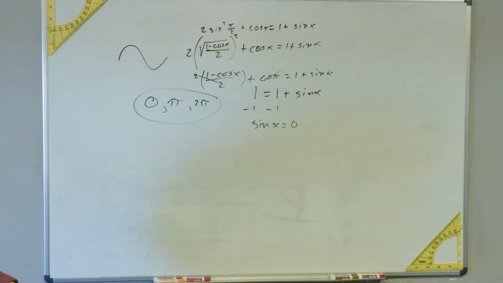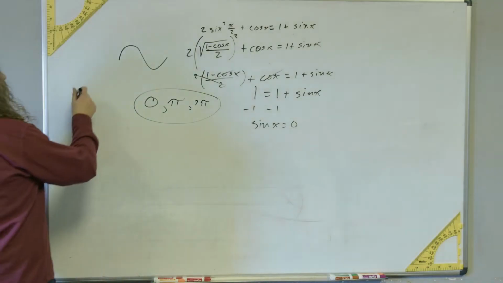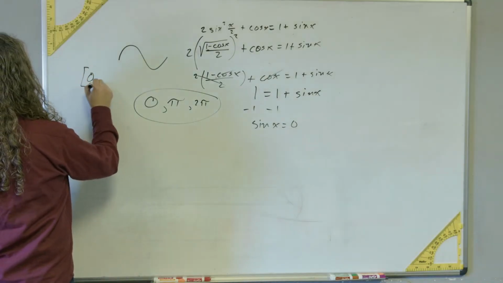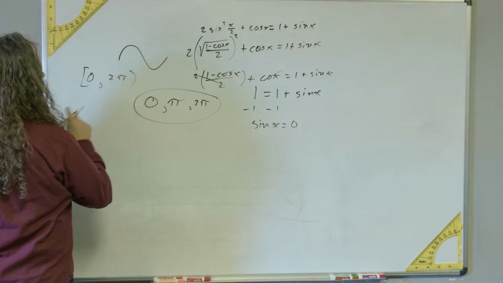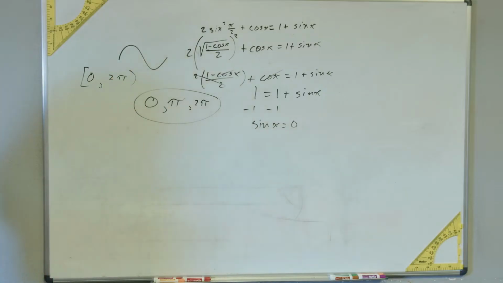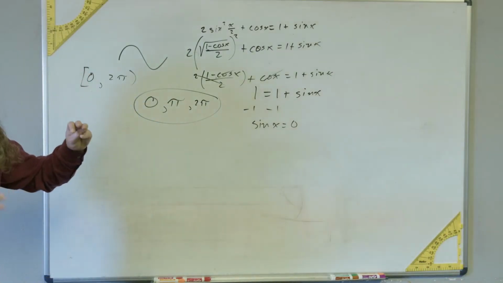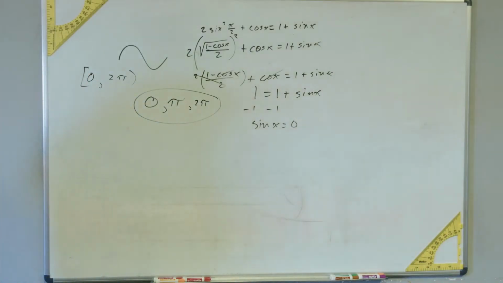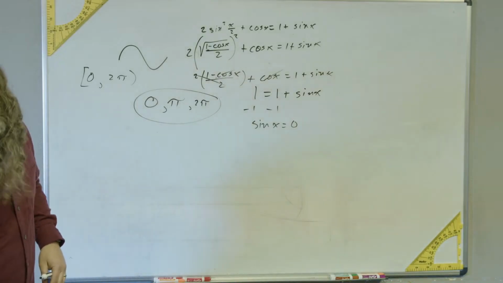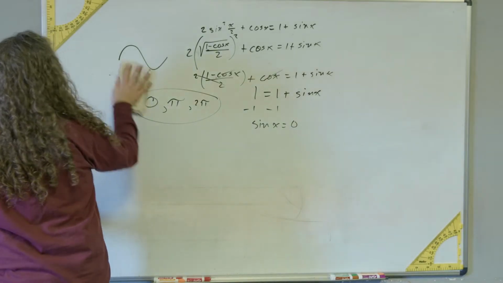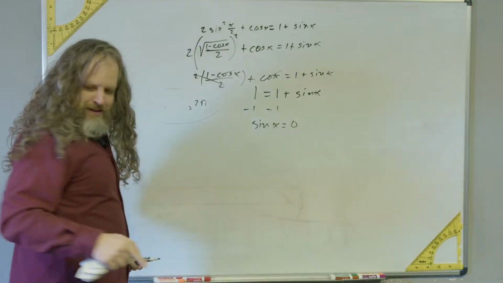And sometimes you do go from 0 to 2 pi. That's not unusual, right? Because 0 and 2 pi are kind of the same place, depending on what context and how we're looking at things. All right, y'all do the other guided practice.